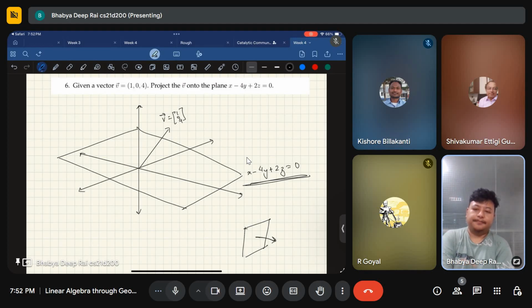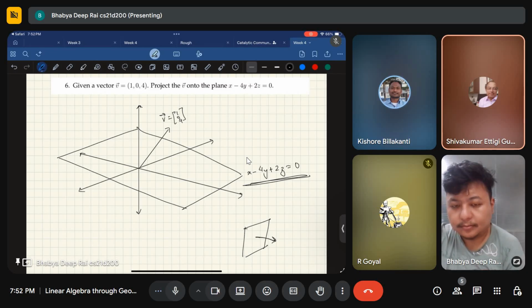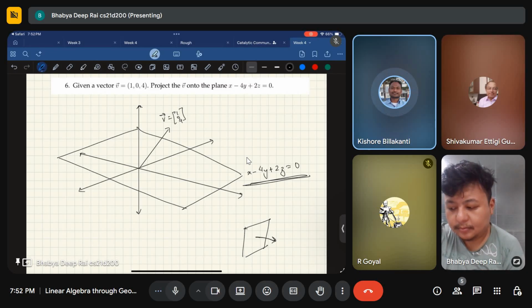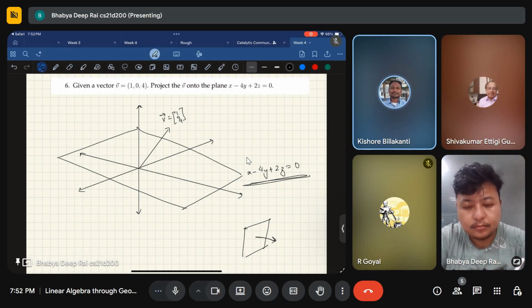Of course, on a plane, we can have a vector with 90 degrees. That's sure. But I think we need to have a formula which states that theta should be 90 degrees. I'm not sure about the formula.